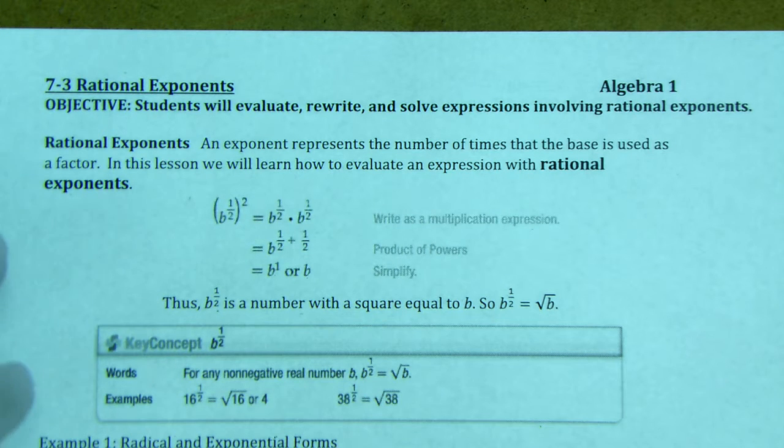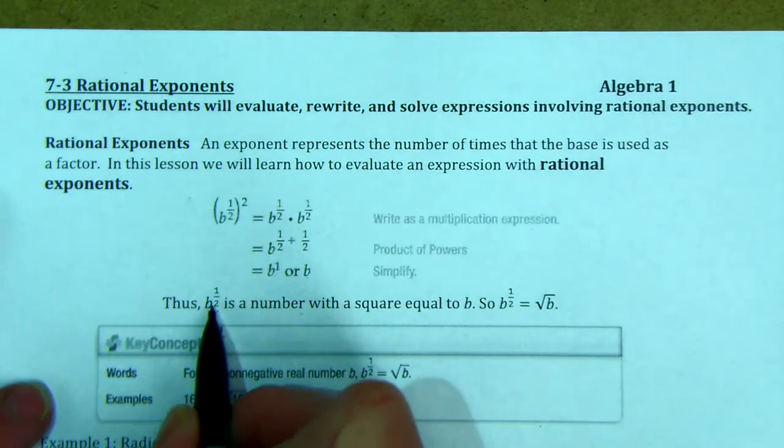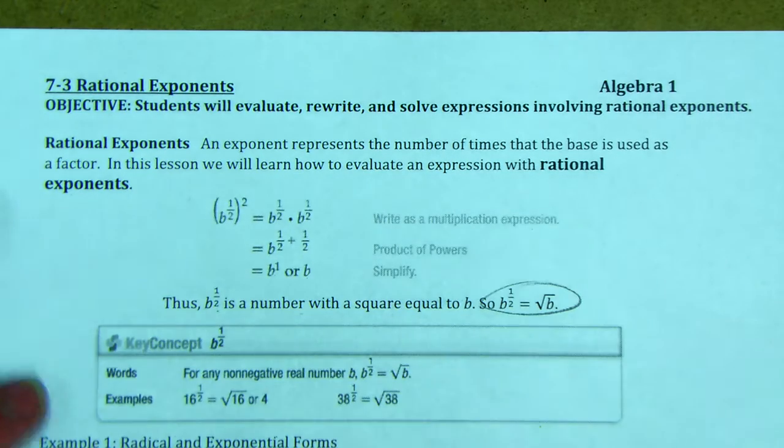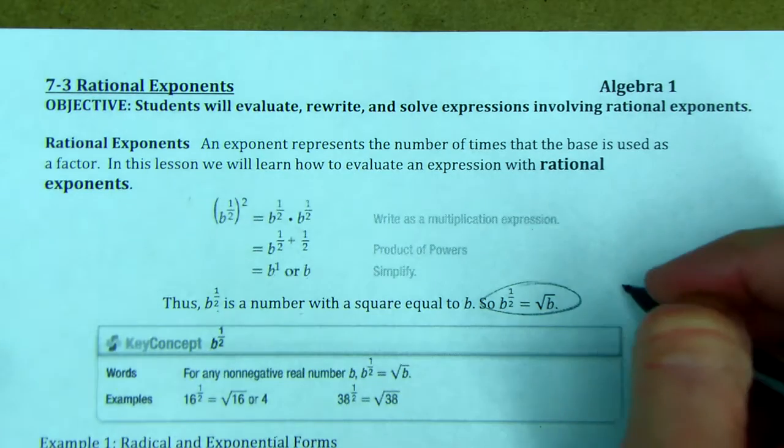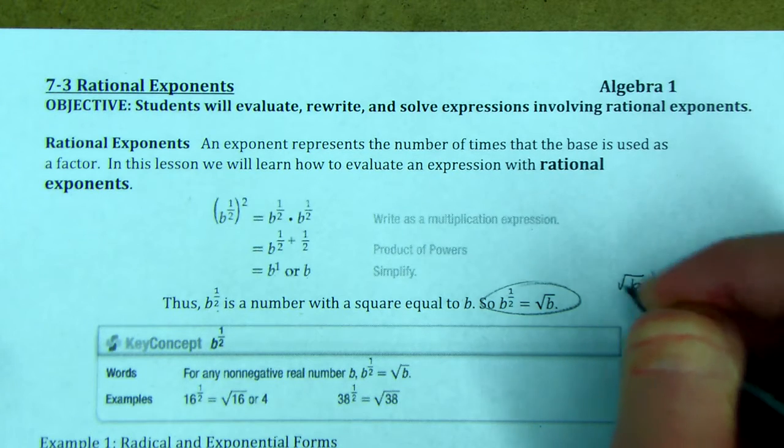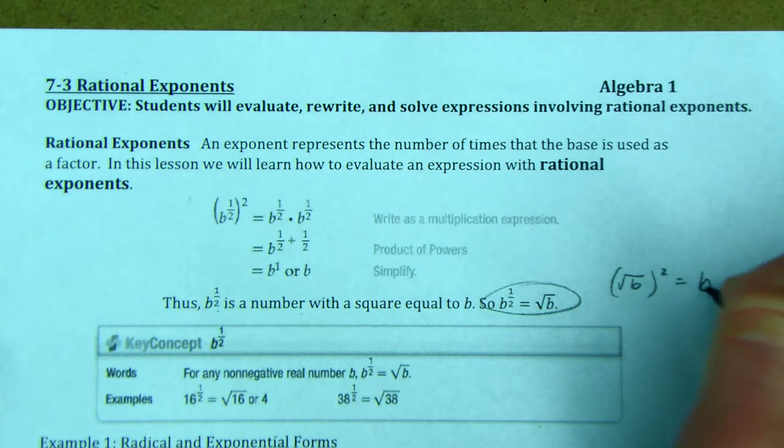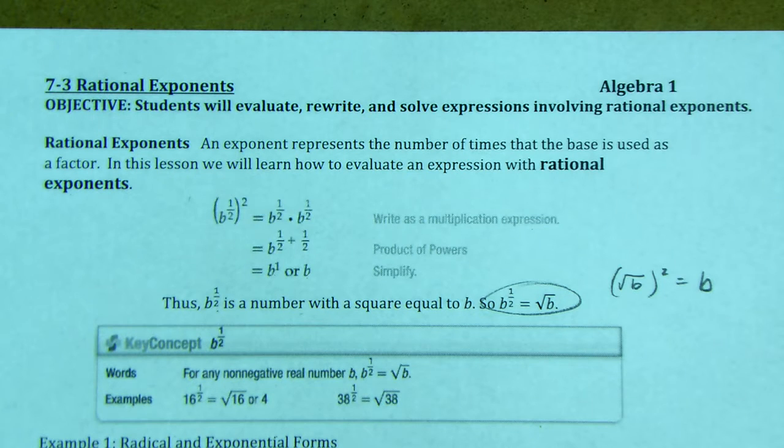So if I think about that, this right here is the same as the square root of b, because hopefully you remember that if I take the square root of something and then square it, I will end up back there. So the 1/2 exponent is really the square root.